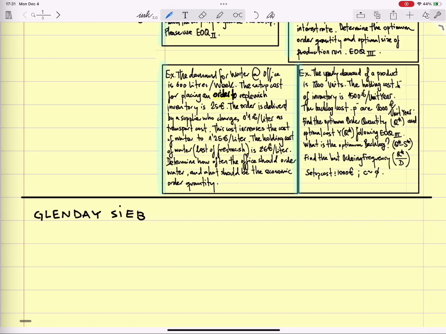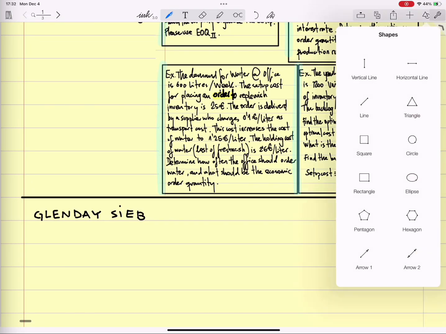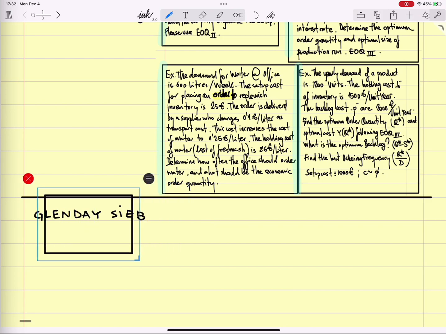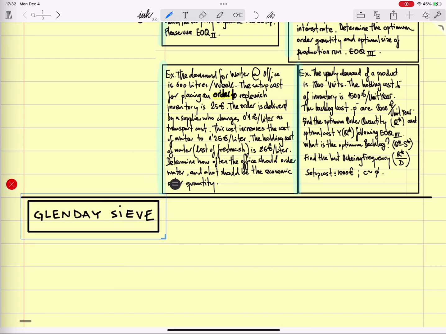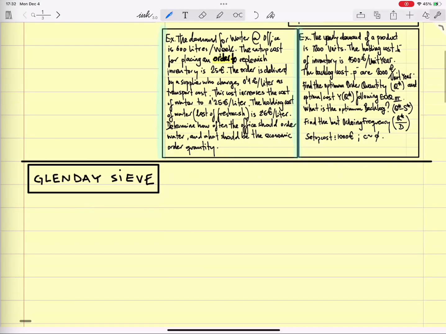We're going to look at a method today called the Glendy sieve. In English, sieve. And this is the standard method for categorization of value streams. What a value stream is, you already know. So we try to categorize value streams.